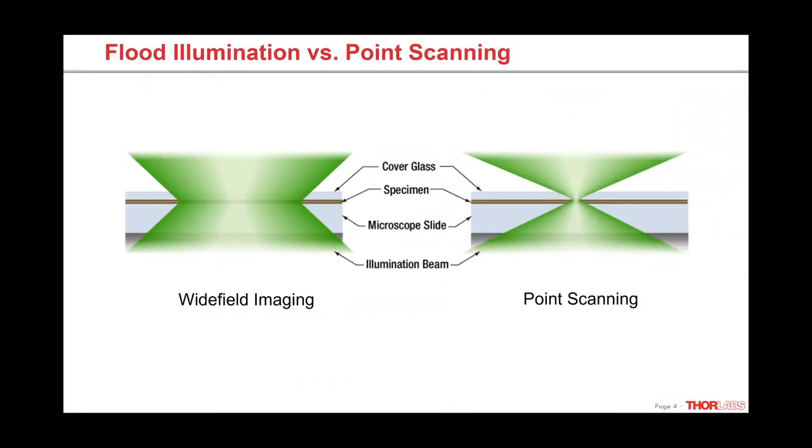So first, so far in this series, we've been talking about wide field imaging, and that involves flood illumination of the entire field of view at the same time, and then capturing an image from all the areas of the field of view at the same time with a camera that can have a large area. This is fundamentally different from point scanning, where one is using lasers to illuminate only a single point at any given time.